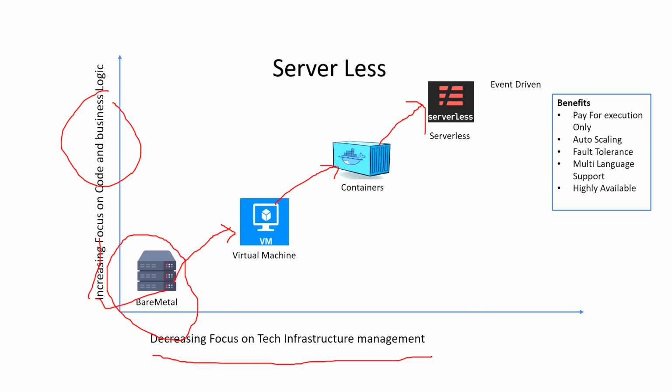Those things are taken care of by the providers themselves. Then, they will have good fault tolerance. In the background they will have multiple servers running, so in case one server goes down, another will take up the workload. So there is better fault tolerance when you use the serverless architecture.